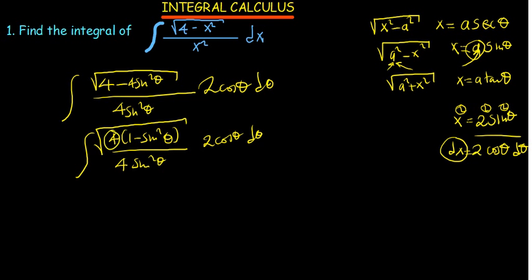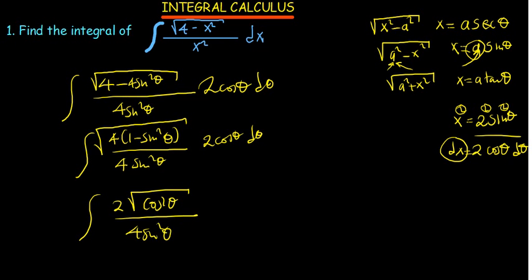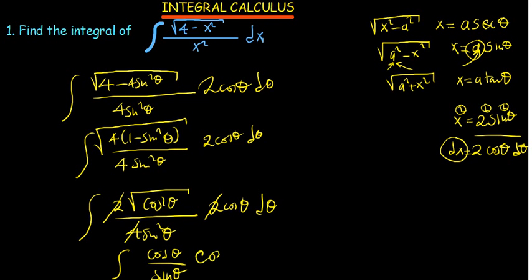The square root of 4, that is a 2, so that will give us a 2. 1 minus sin squared is cos squared, and then divide that by 4 sin squared theta, and then 2 cos theta d theta. Now a 2 can cancel out with a 2 here, that is going to remain with a 2 down, and that which remains can cancel with a 2 there. The square root of cos squared will just leave us with cos theta over sin theta, and then we have got also another cos theta there, d theta.